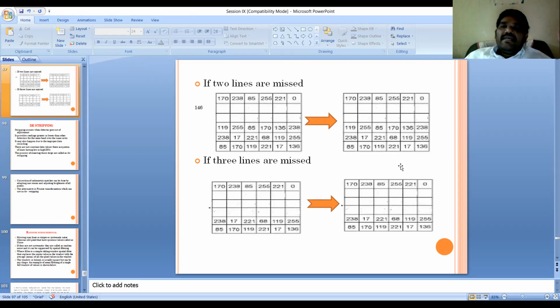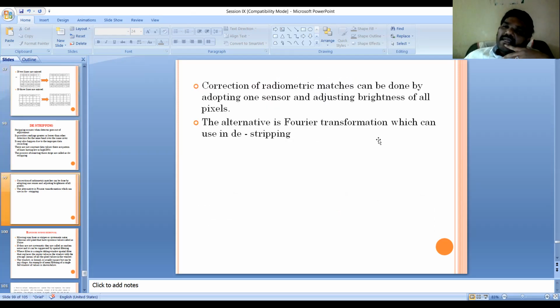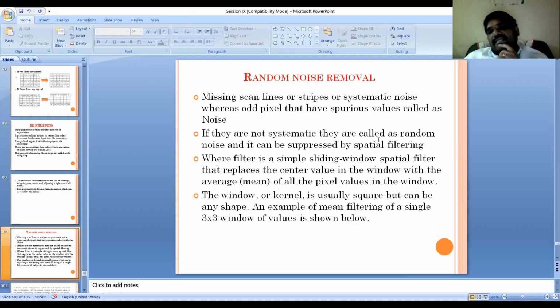See here, all these are the digital numbers. If any number at any one particular point is very high or very low, it is called noise. That noise has to be removed. How can you remove it? That's random noise removal.